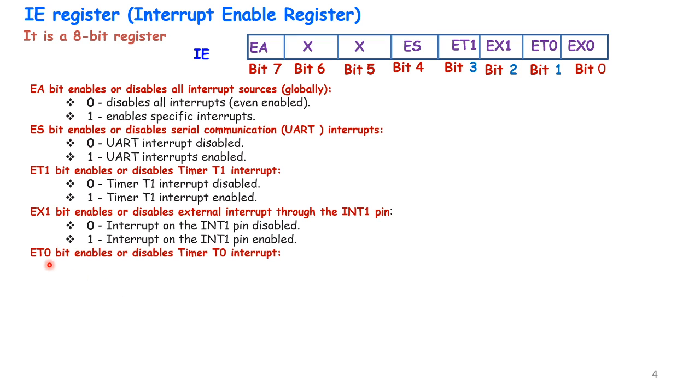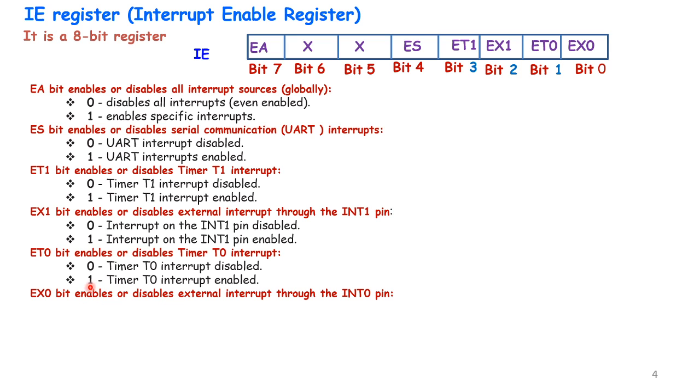The next one is the ET0 bit, which enables or disables the timer interrupt T0. When ET0 is equal to 0, the timer interrupt T0 is disabled, and when it is equal to 1, the timer interrupt T0 is enabled. The EX0 bit enables or disables the external interrupt through the external pin INT0.